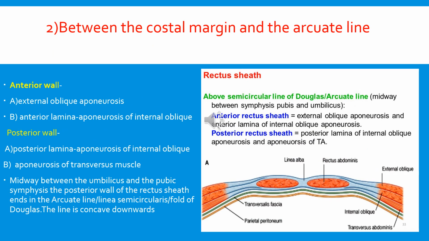Between the costal margin and the arcuate line, the anterior wall is formed by external oblique aponeurosis and anterior lamina of the internal oblique aponeurosis. The posterior wall is formed by posterior lamina of the internal oblique aponeurosis and aponeurosis of transversus abdominis muscle.